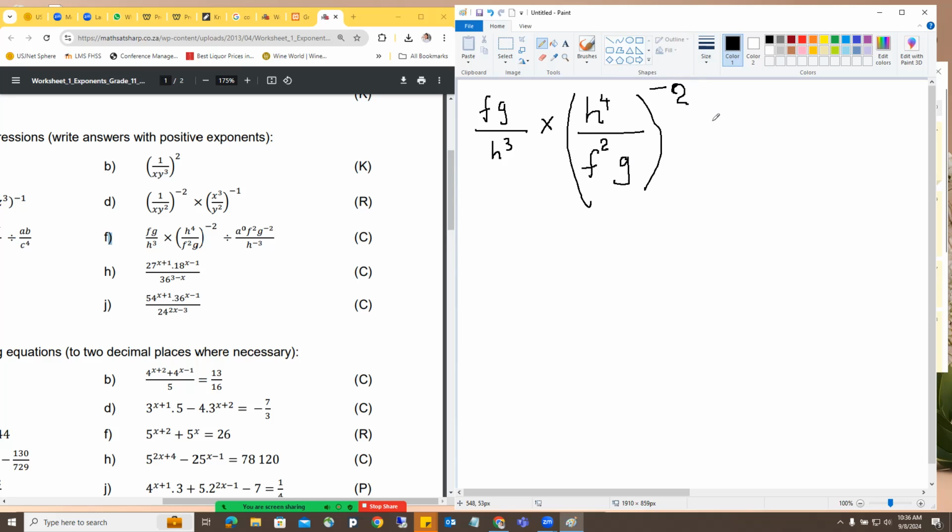I just convert it into multiplication and write. Then here we have h minus 3 divided by a0, f squared, g minus 2. Now what will happen?